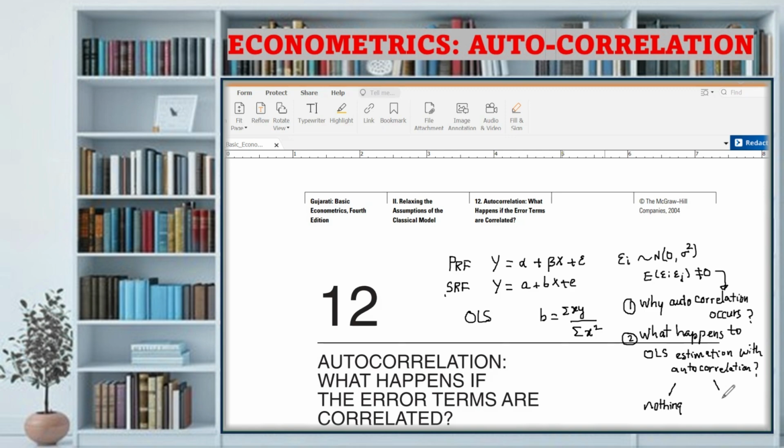But if it has consequences, we need to do two things. One, how to detect. Remember, the logic should be clear in our mind.